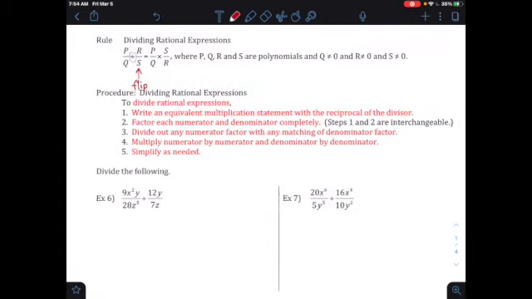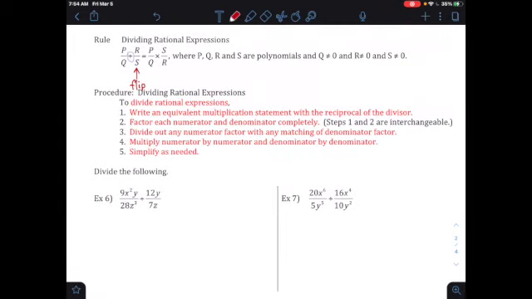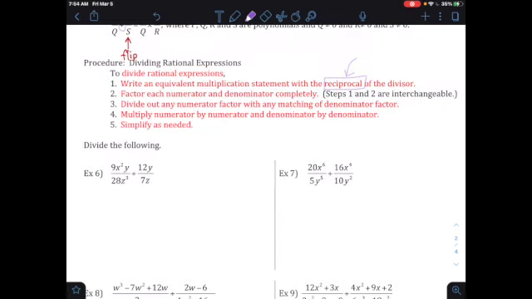So the procedure to divide rational expressions is 1, write an equivalent multiplication statement with the reciprocal. That is the very important word right here, reciprocal of the divisor. And then number 2 is factor each numerator and denominator completely. Step 1 and step 2 can be interchanged.